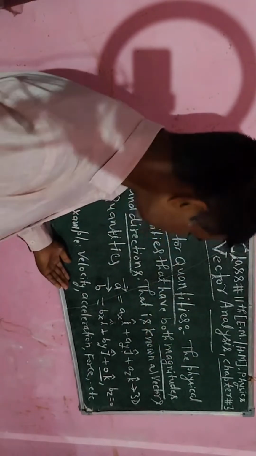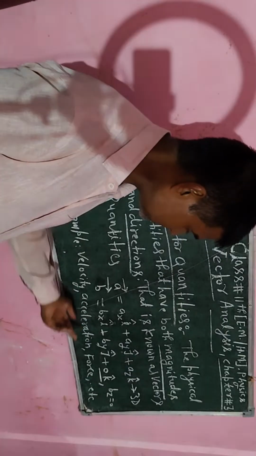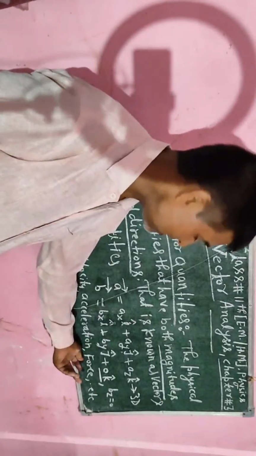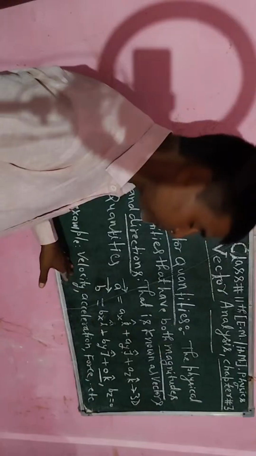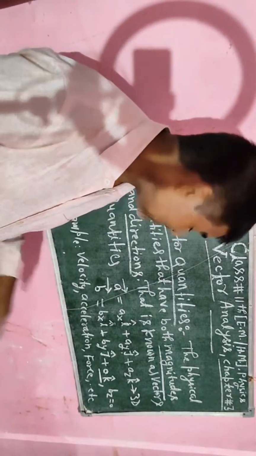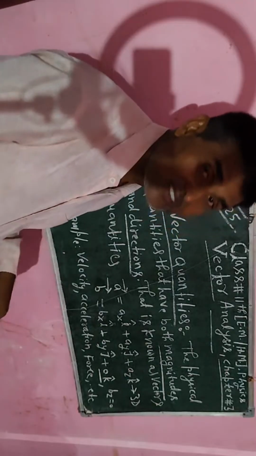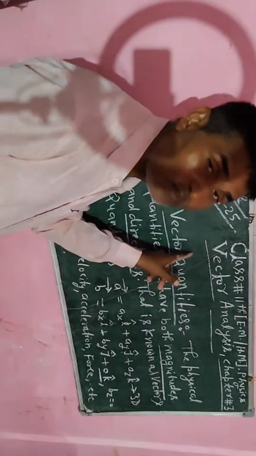Now velocity is a physical quantity, acceleration is also known as a physical quantity, and force we can also say is a physical quantity. But these physical quantities have direction. If any physical quantity has direction, I will say that is a vector quantity.